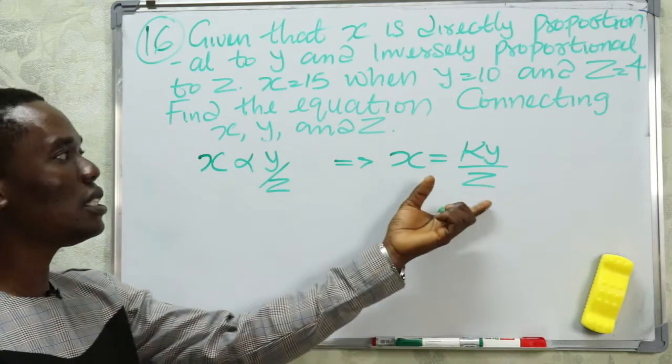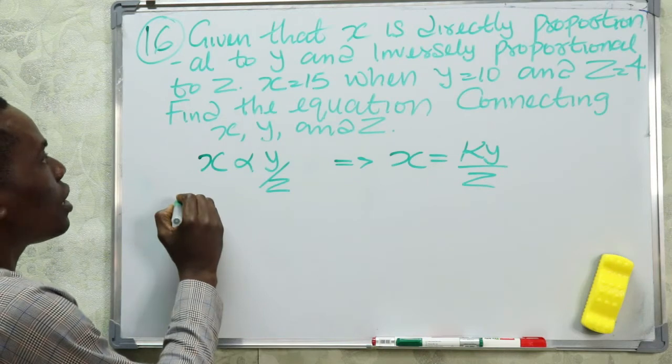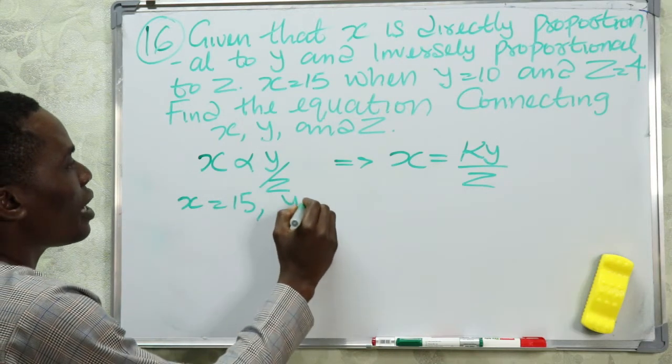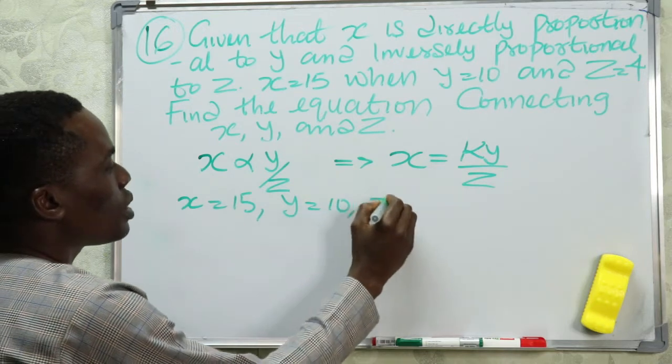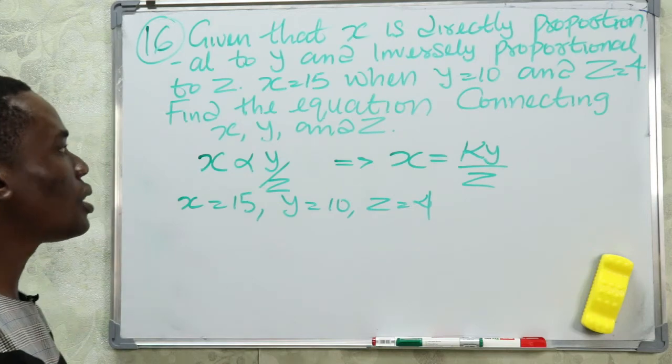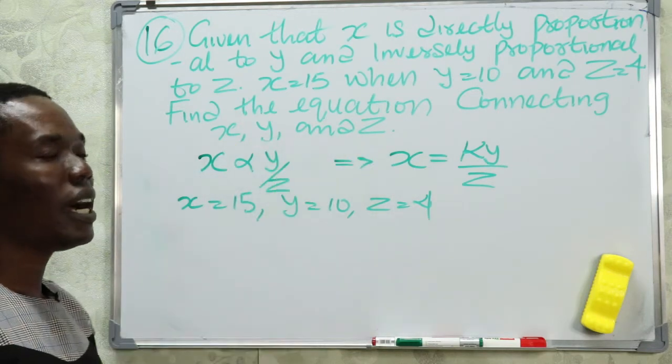Now we were told that x is equal to 15, y is equal to 10, and z is equal to 4.